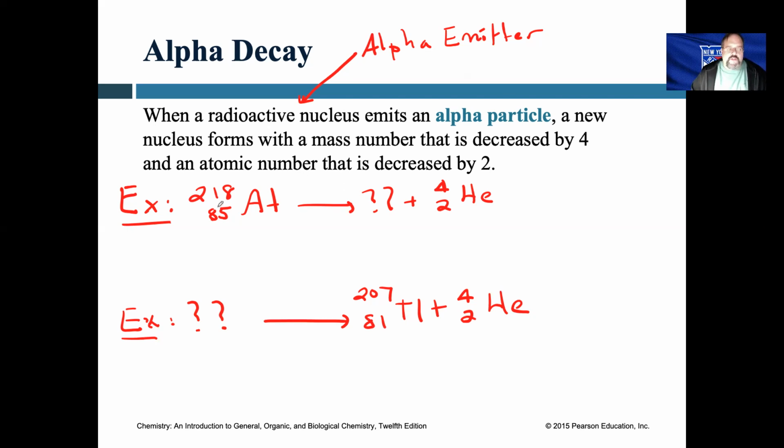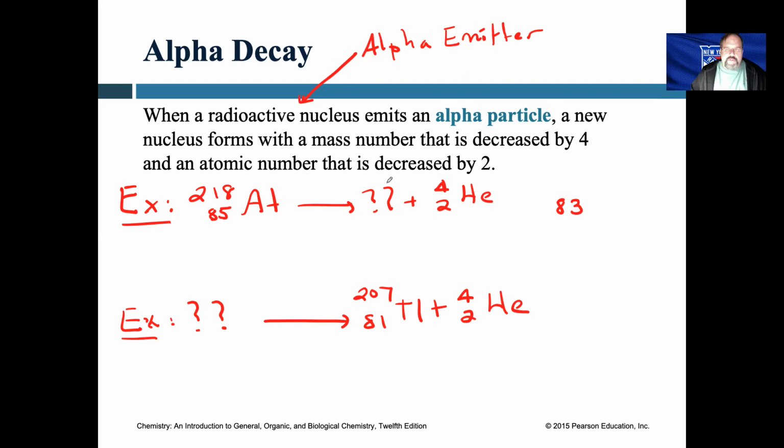So on the reactant side, we have an atomic number of 85. On the product side, we have to figure out, what plus 2 is going to give us 85? Therefore, for our mystery substance, we're going to have an atomic number of 83, because 83 plus 2 gives us 85. For the mass number on the reactant side, we have 218.